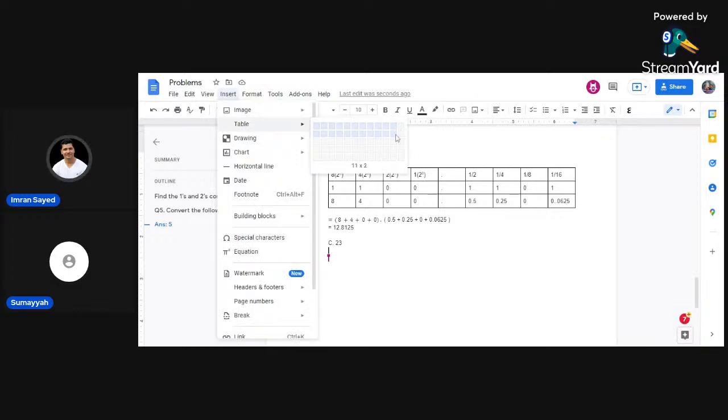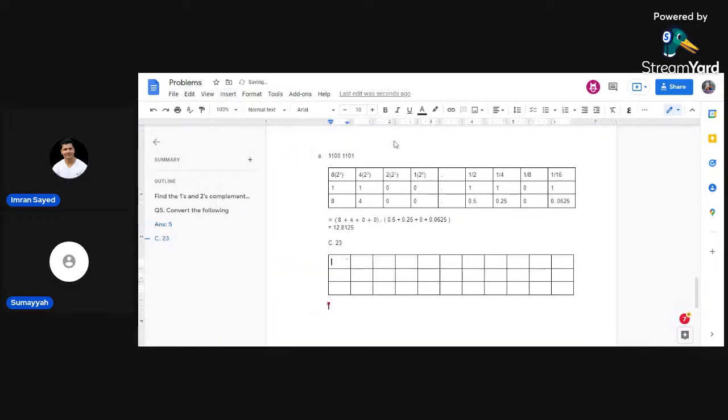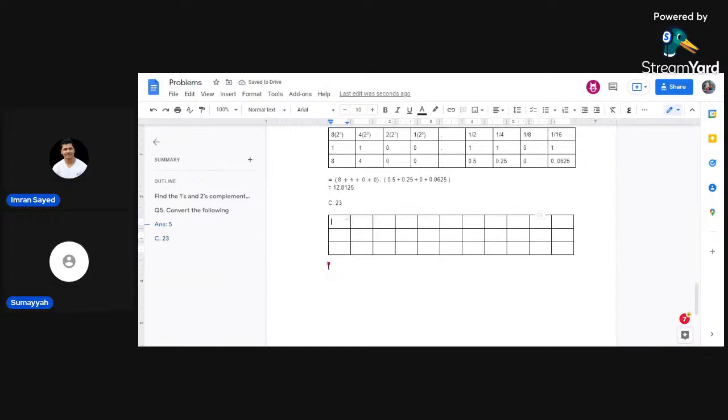Just check if we added extra columns. I added some extra.